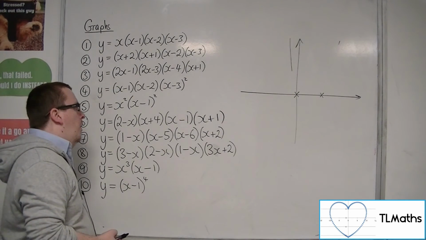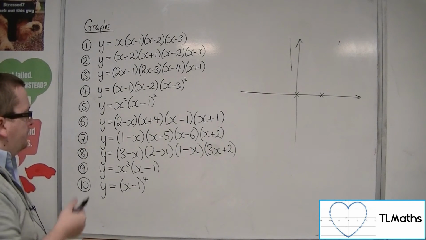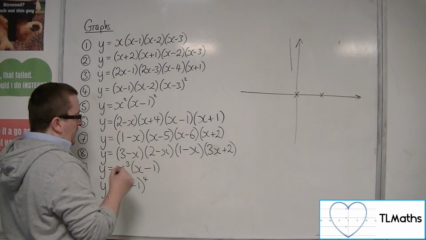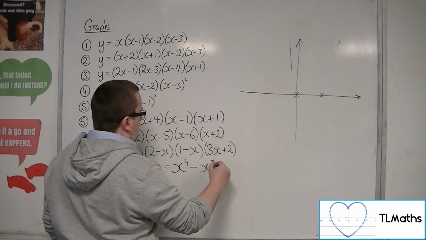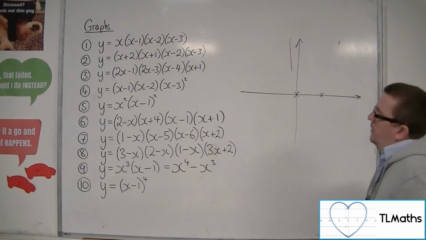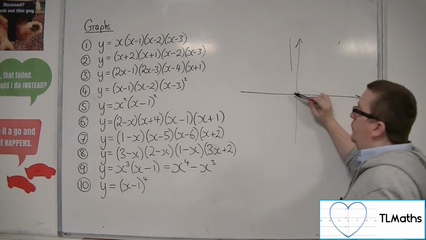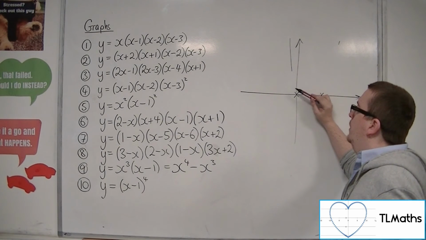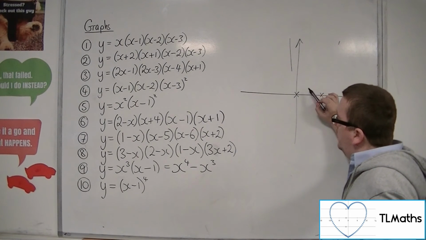Now, what happens at this point, because we've got this x cubed? Well, we've got to think a little bit carefully about this, because if I expanded this out, I'd have x to the 4 minus x cubed. Now, what's happening at this point, we could use some differentiation to really look at the type of curve that I would be getting around that point, to really define its shape.